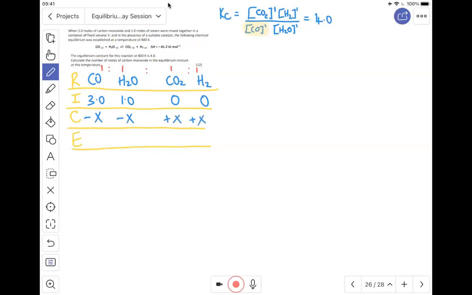Now, just to be aware, I'm just going to rub out for 1 second. If this was 2H2, we would have a 1:1:1:2 ratio. You'd still have 0 here. This would be an increase of 2X because you have twice as much hydrogen as you do carbon dioxide.